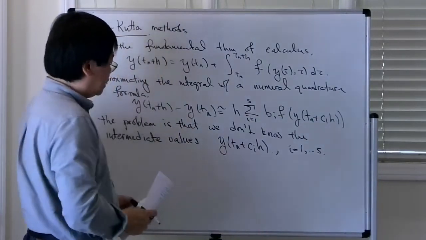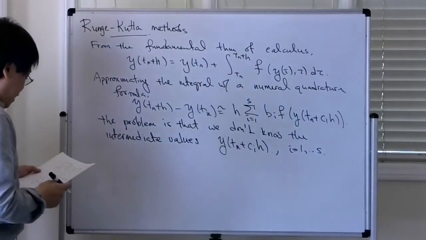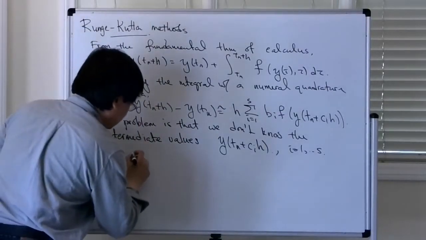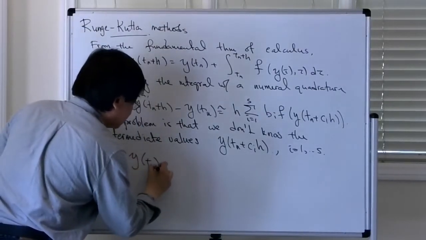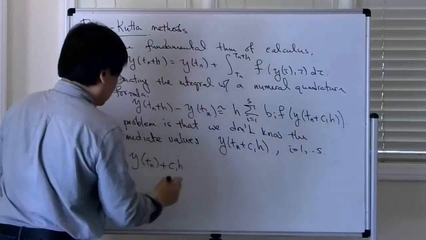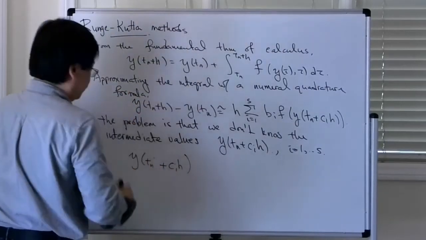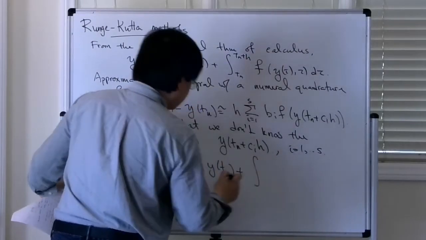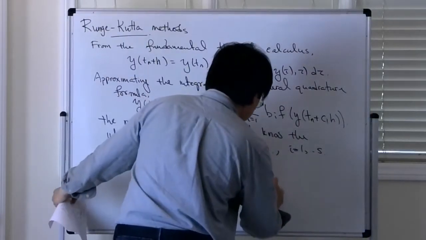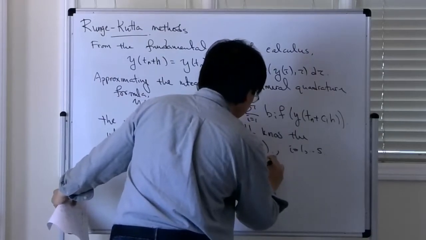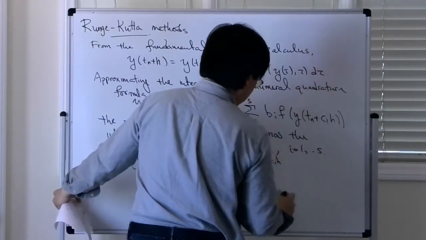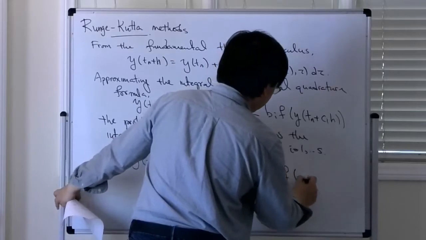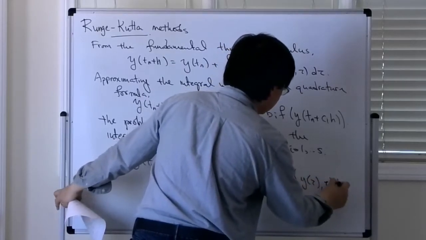So you could write y at Tn plus CIH as y at Tn plus the integral from Tn to Tn plus CIH of f evaluated at y of tau, d tau.